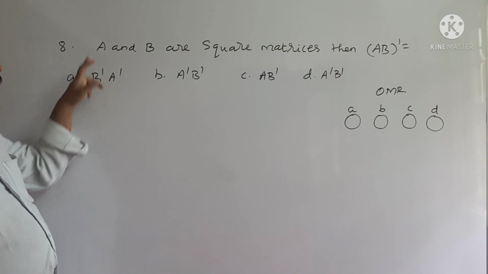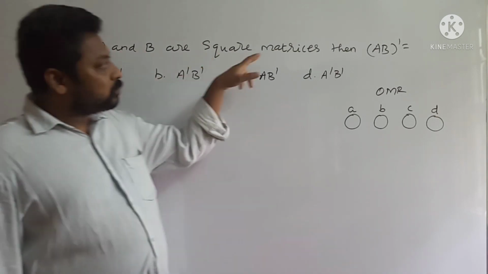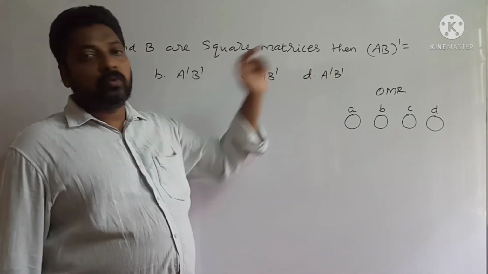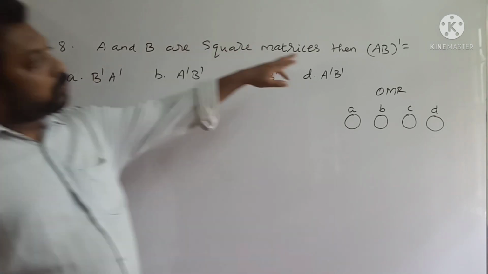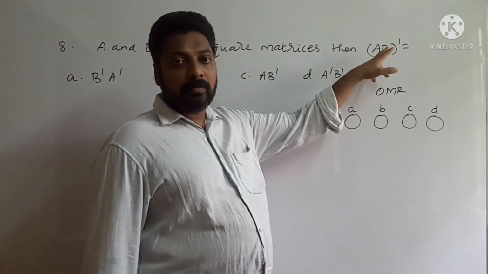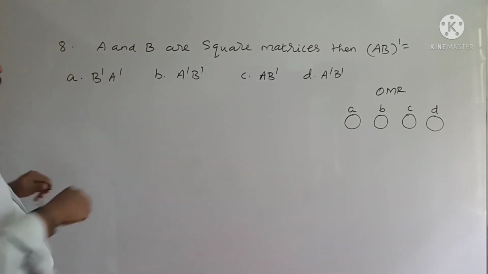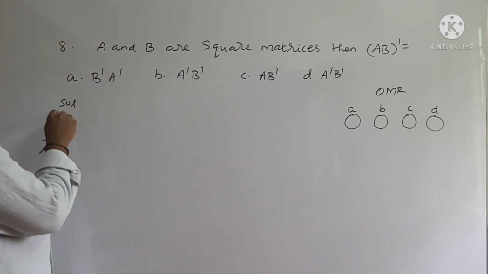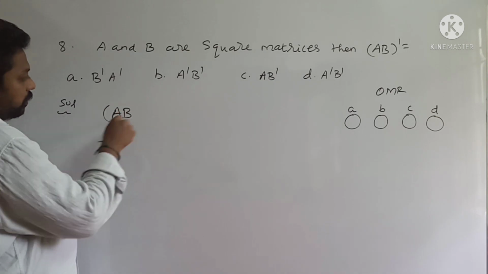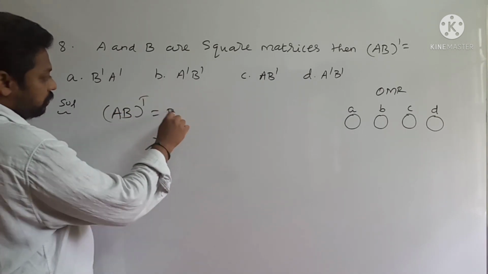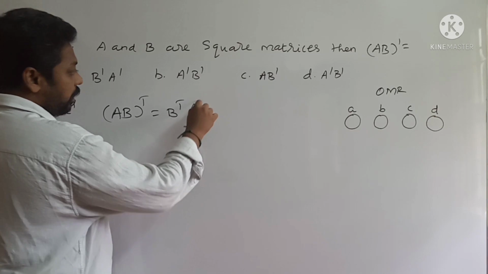Coming to the eighth one: if A and B are square matrices, then (AB)' equals what? So (AB) dash, or AB complement, means the transpose. This is also a direct question. We know (AB) transpose equals B transpose A transpose.